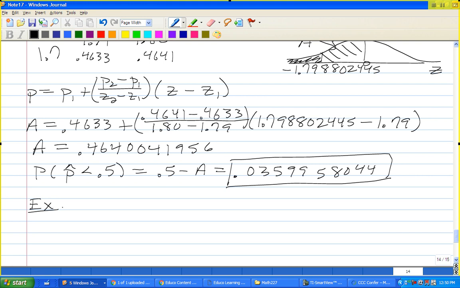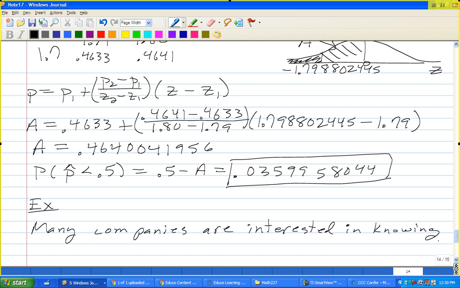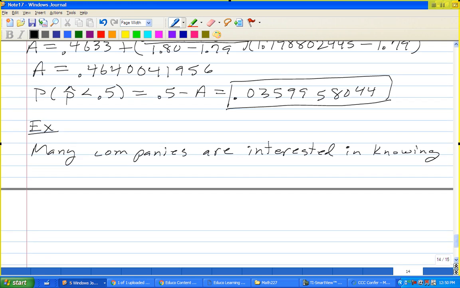Many companies are interested in knowing the percentage of adults who buy clothing online.